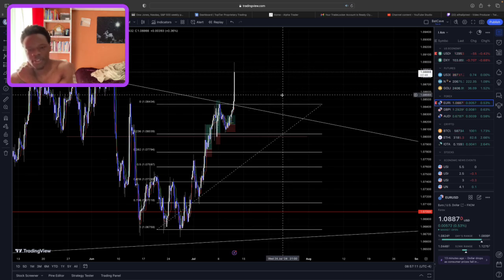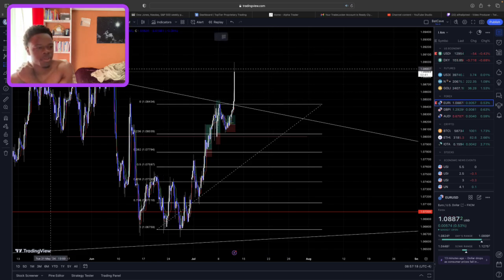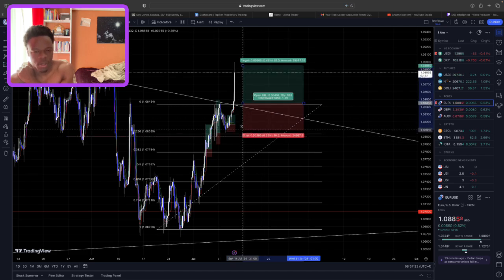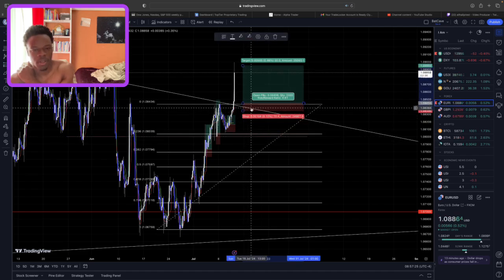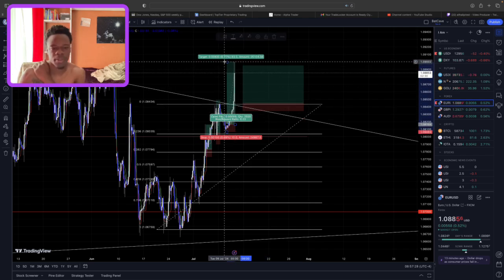So now price action would look to create what is now going to be considered a higher low, which would be an area where I would place my next position. But as far as right now, it's a matter of sitting on our hands, as I did end up catching this entire move here.